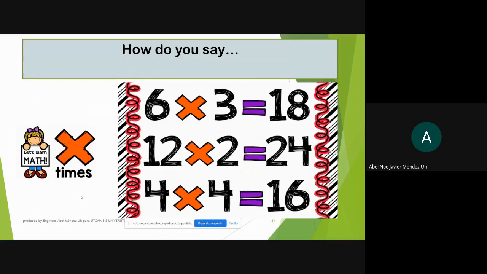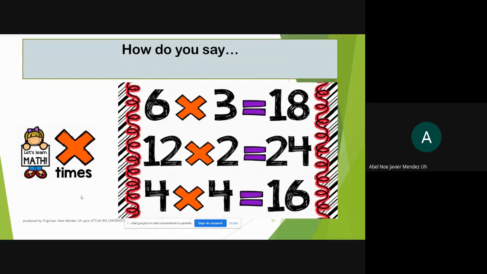Don't forget the teen at the end: 18, so that we don't confuse it with 80.